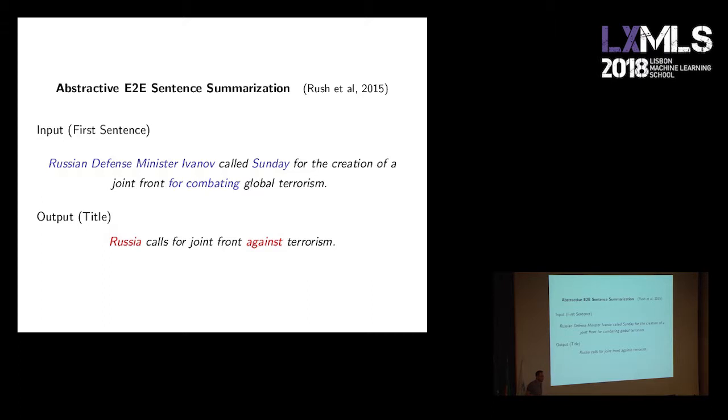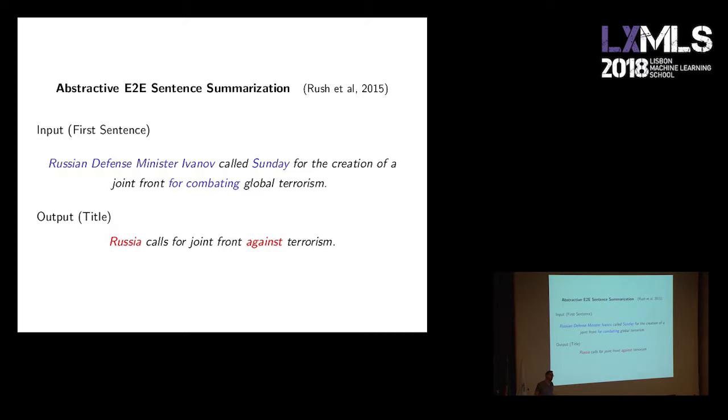And I want to highlight two aspects of this summary. One, there are aspects of it that are abstractive. They don't take words from the source, but instead produce paraphrases of those words in the summary itself. The other thing that's interesting is that you can see that some words are taken directly from the source itself.